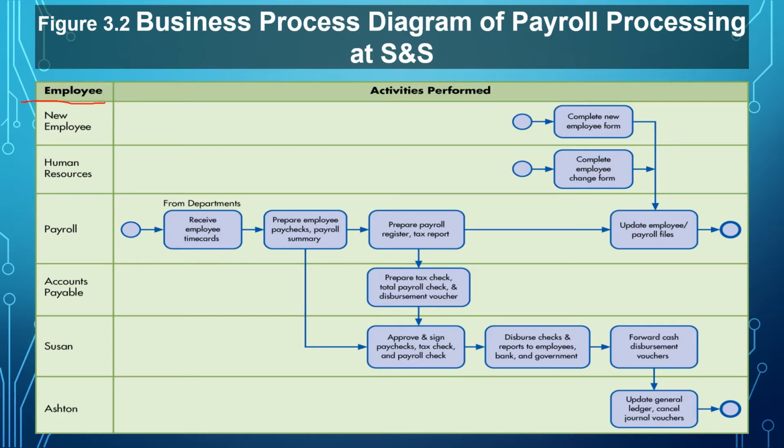You see the employee or the different departments, and each department or location of activity gets one row to illustrate the activities that happen in that place. This also helps to show who the person in charge is and what the responsibility is for any activity or process.